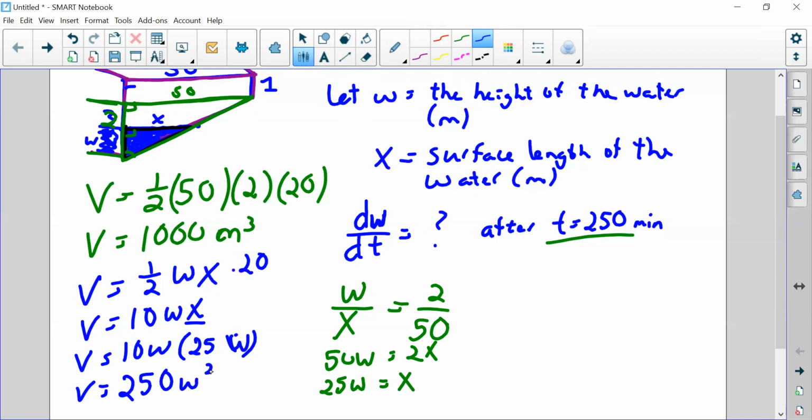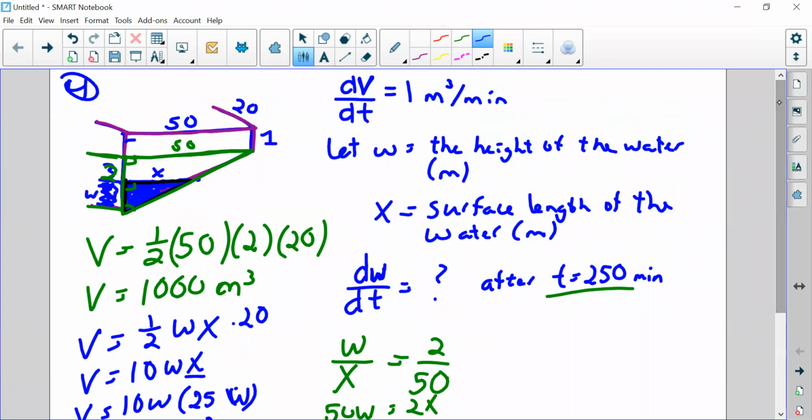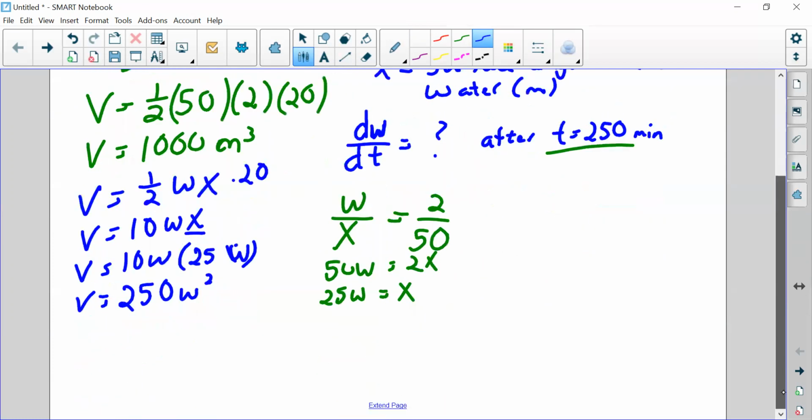Now I have the variable I want to find the rate of change of, related to the variable whose rate of change I know. Now I'm ready to differentiate. So what is the derivative of V?